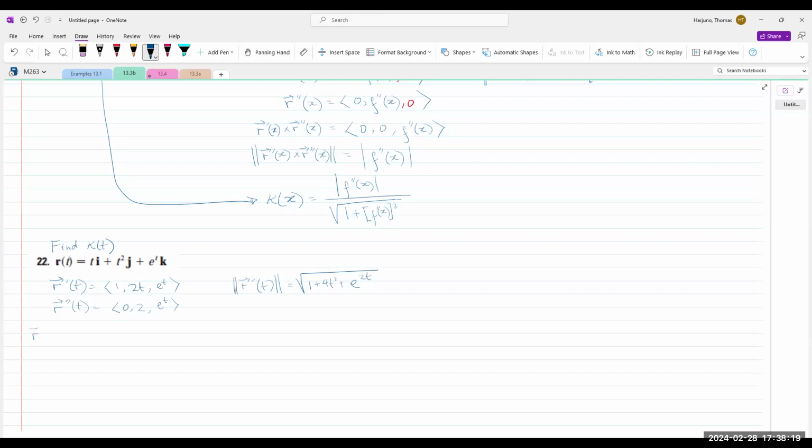While r prime t cross r double prime t will give us 2t e to the t minus 2e to the t. That's for the first component. The second component will be negative e to the t. And the last component is 2.